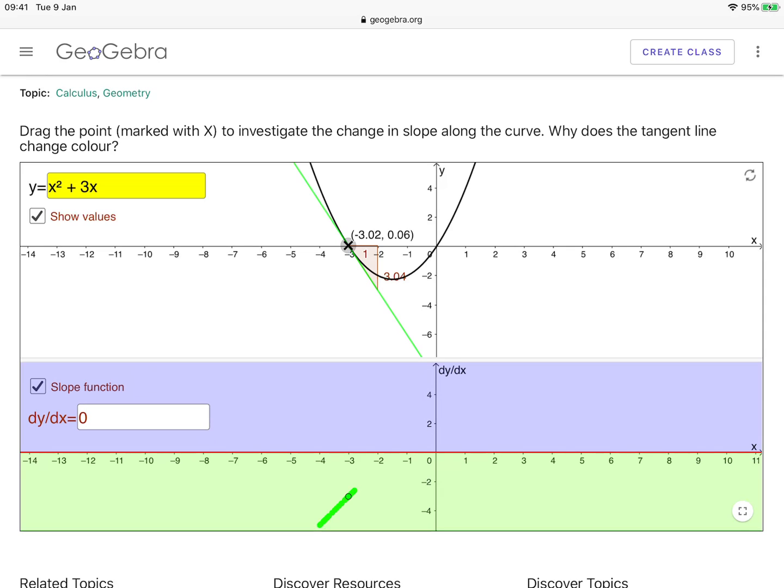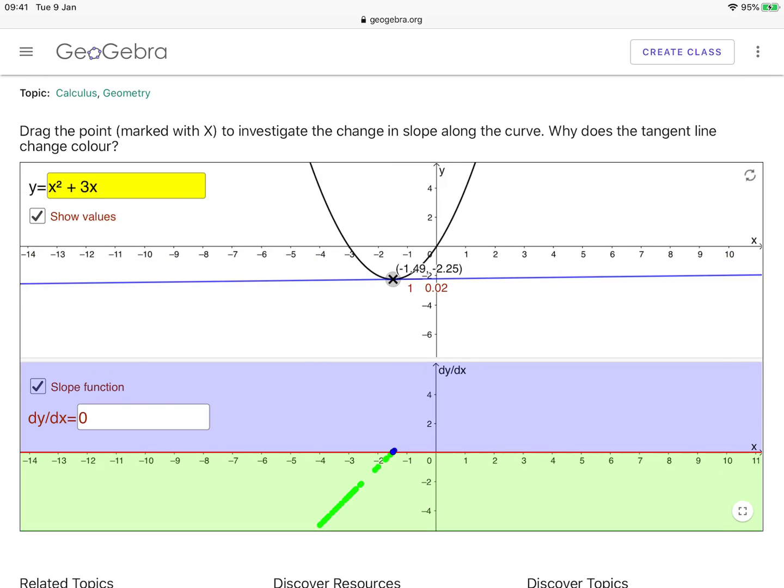As I keep moving along, my dy dx is always going to be below the x-axis at this point. Then notice there's a key thing that happens here. At x is minus 1.5, dy dx is 0.